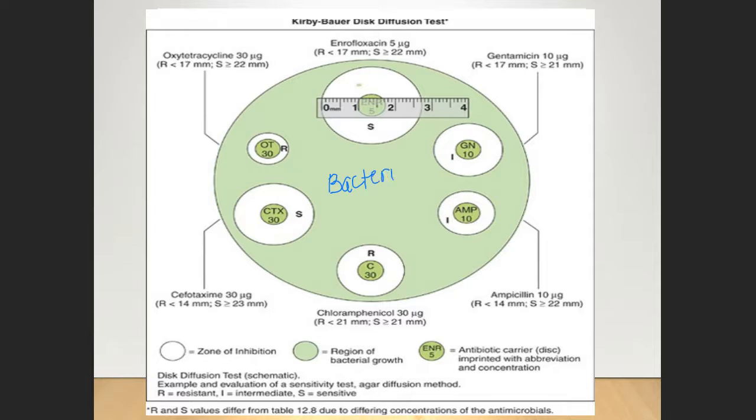When we put the drugs or antibiotics on this bacteria population, for example here, chloramphenicol, this is ampicillin, gentamicin, enrofloxacin, oxytetracycline, cefotaxime. So 1, 2, 3, 4, 5, 6. So 6 different drugs are used for this test.